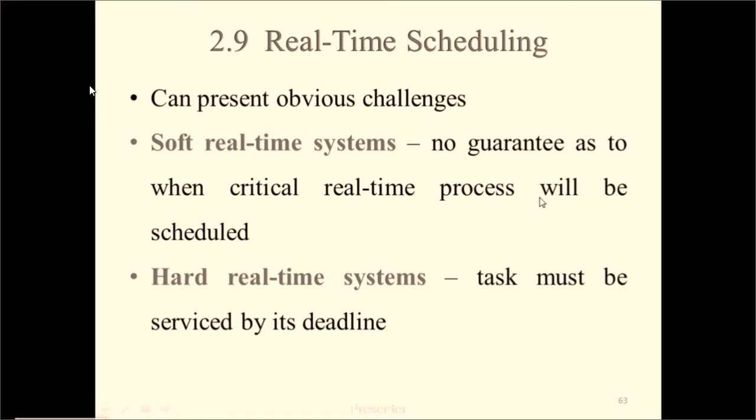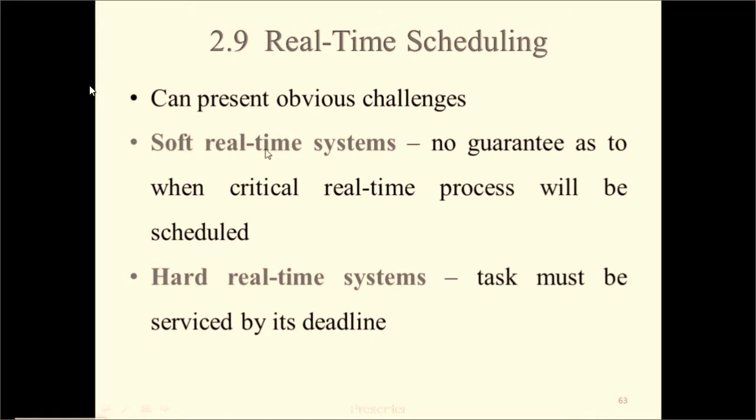There is another kind of scheduling, real-time scheduling. Now, in real-time scheduling there are two types: soft real-time and hard real-time. As the name suggests, in soft real-time the interest is to try to run a process in real time.